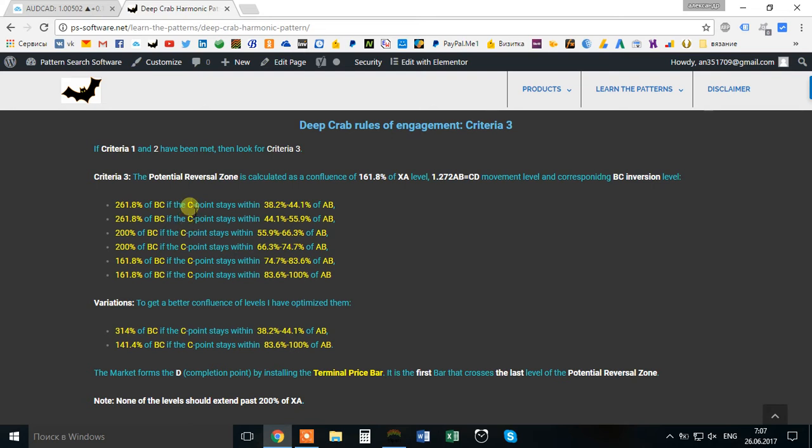If you have this C point, then BC is this. If you have that C point, then BC is this. These numbers are actually what is coded in my software. If it is this, then it is that. If then, if then. There is a very good explanation on my website of how my software works.